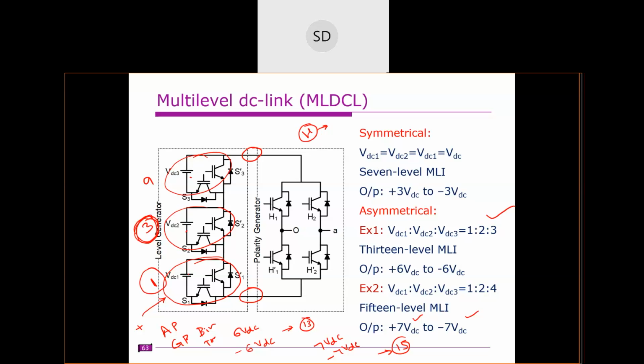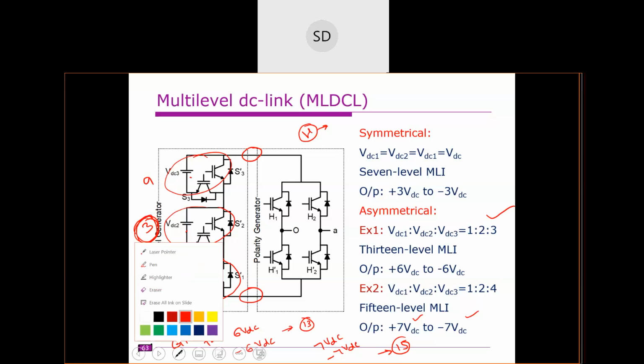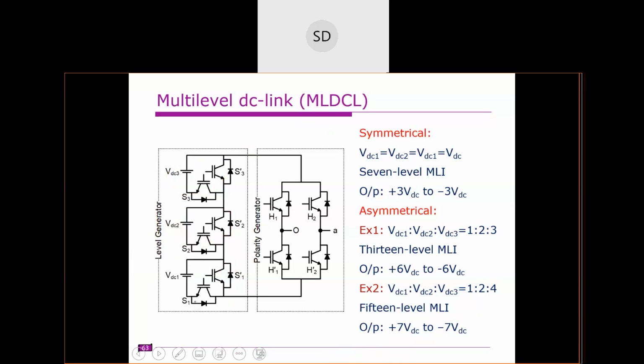So we can easily have additive combinations and subtractive combinations. Both it can support. In that case, only the trinary voltage ratio works. So here this won't work. Okay, so this is about the asymmetry in this topology.